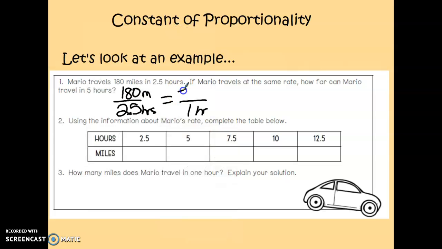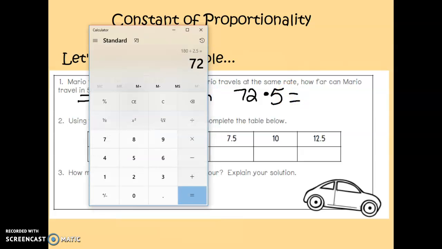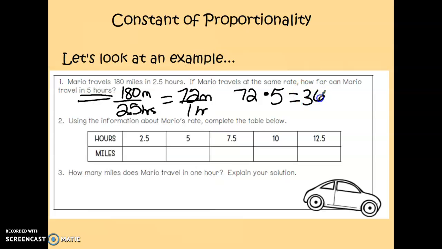So he's traveling 72 miles per hour. To find out how far he travels in 5 hours, we would just take that 72 and multiply it times 5. So 72 times 5 gives us 360. This is one way we can solve this problem.